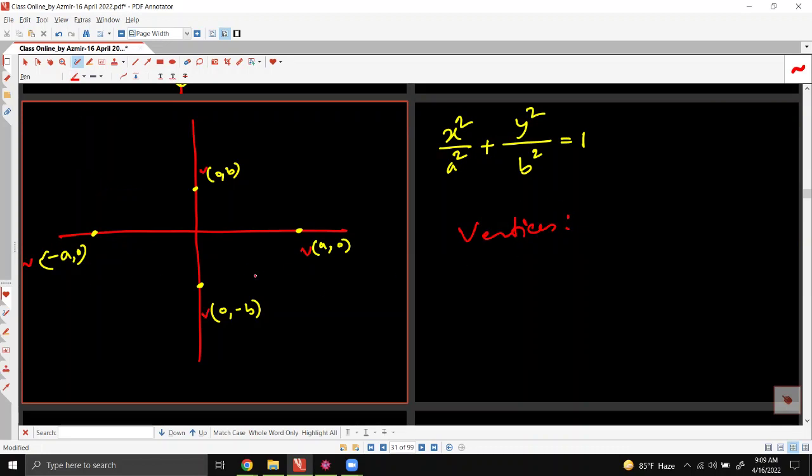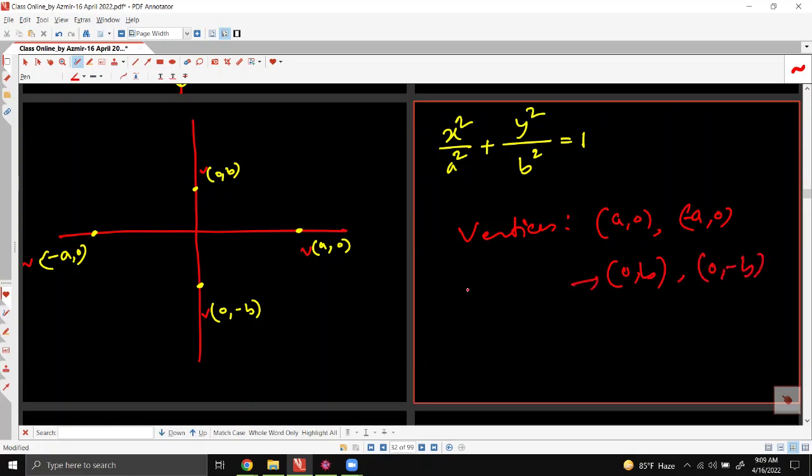So (a, 0) and (minus a, 0) are known as the main vertices, and (0, b) and (0, minus b) are known as co-vertices. Okay, so we can draw the graph of the ellipse.